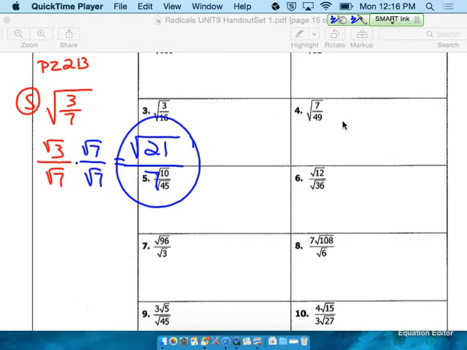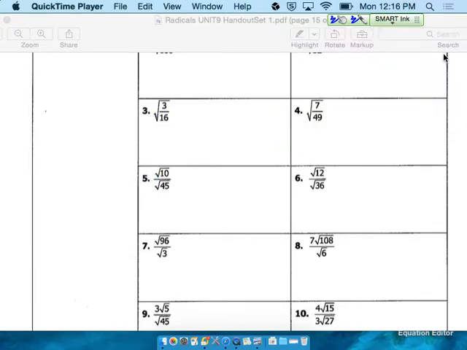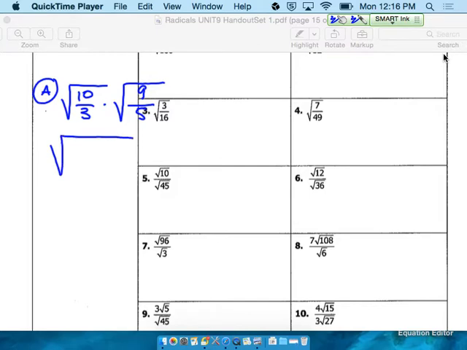Let's do another one together. Let's look at letter A in the second column. Here I have the square root of 10 over 3 times the square root of 9 over 5. I'm going to combine this into one big product.